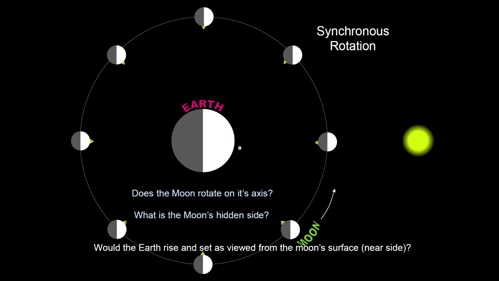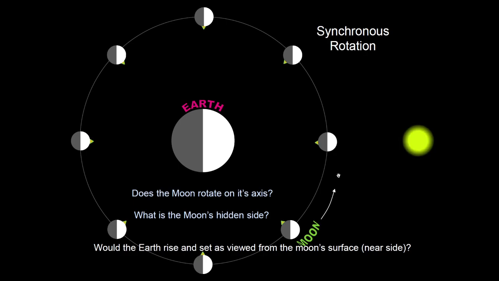Imagine you are standing on the moon at this point and you're rotating around. Would you ever see the Earth go out of the sky? It's an interesting question.